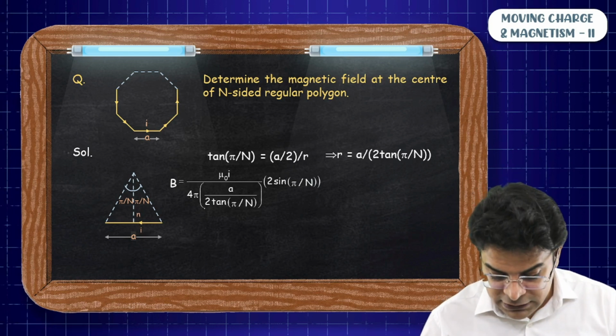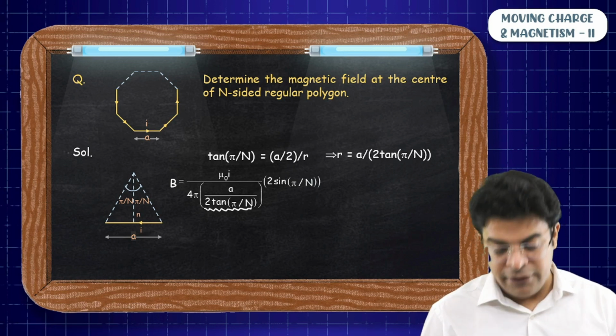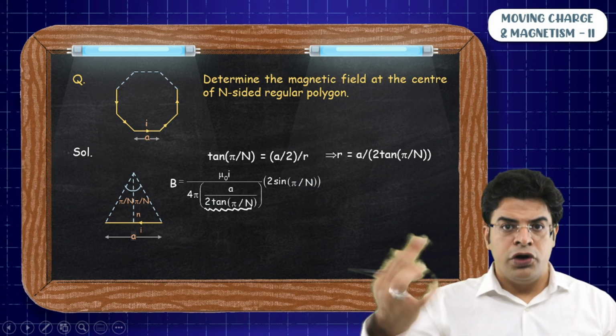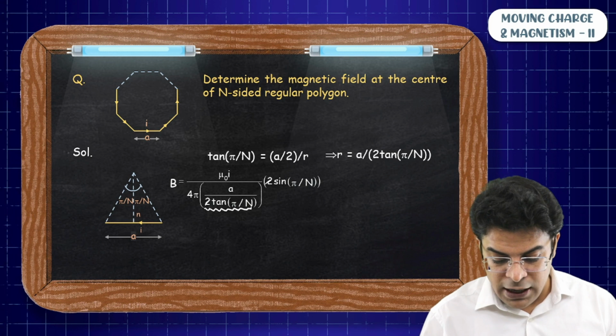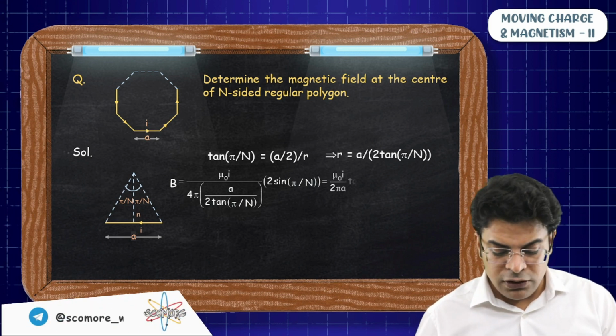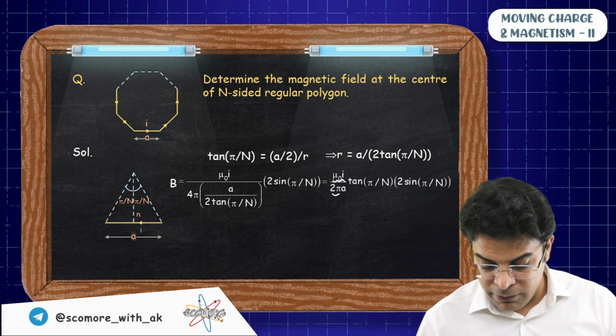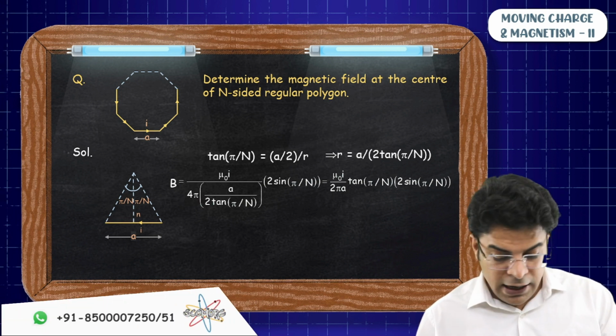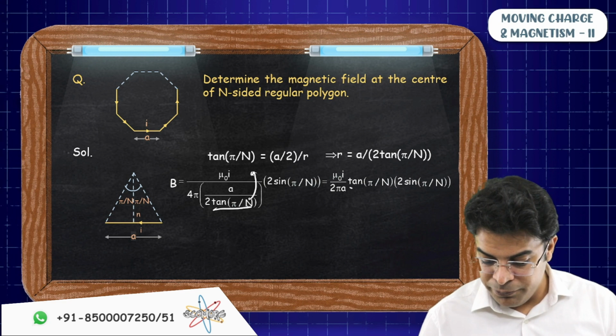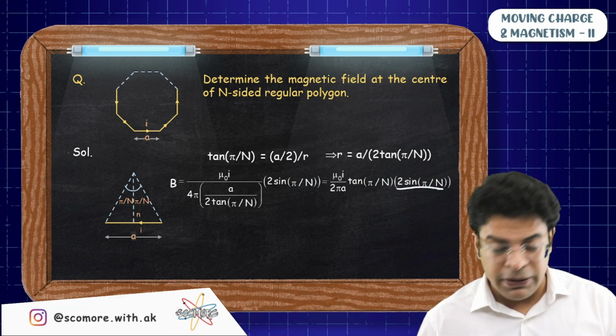Now you can bring this 2 tan pi by n from the denominator of the denominator to the numerator. So you will see that once this 2 goes up, the 2, 2 and the 4 get cancelled. So what you get is mu naught I by 2 pi a, cancel this 2 and 2, and this tan pi by n goes up, multiplied by 2 sin pi by n.